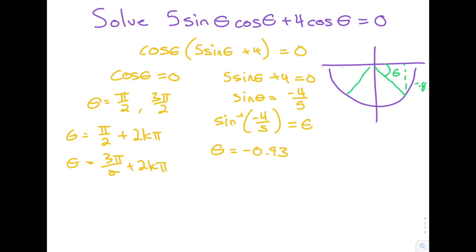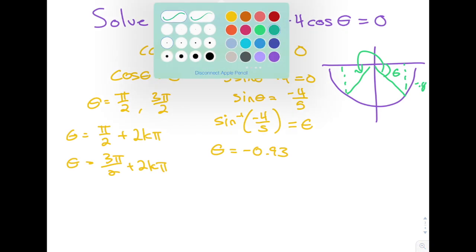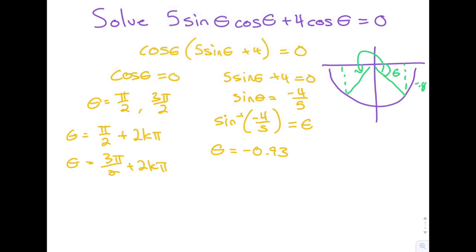Then there's this other angle right there that also gives us negative 4/5. And for that angle, we just take the reference number and subtract it from pi. So we say theta equals pi minus negative 0.93. That gives us roughly 4.07.